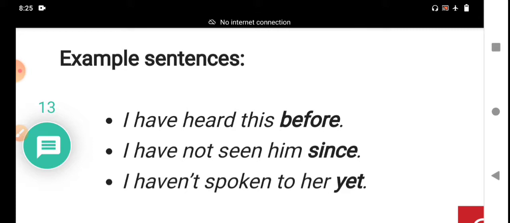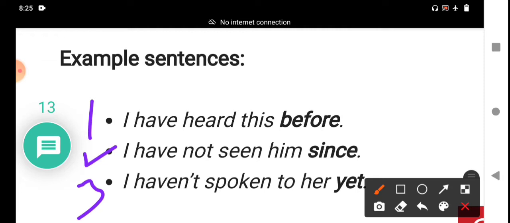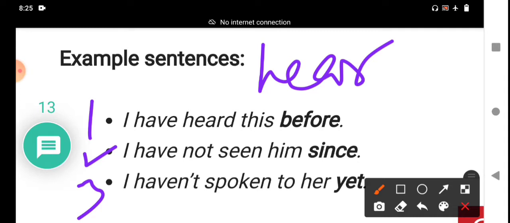First example: I have heard this before. Here the verb forms are hear, heard; note the pronunciation of heard. Before is an adverb of time.